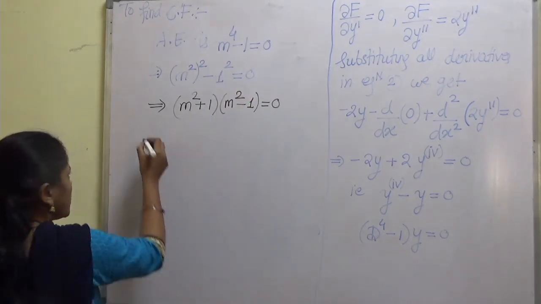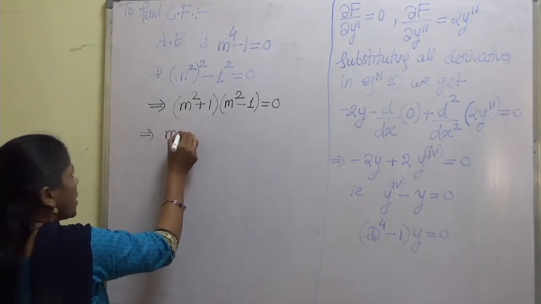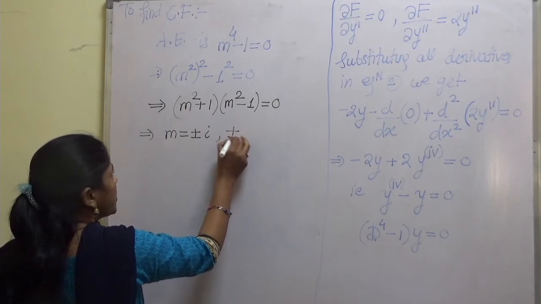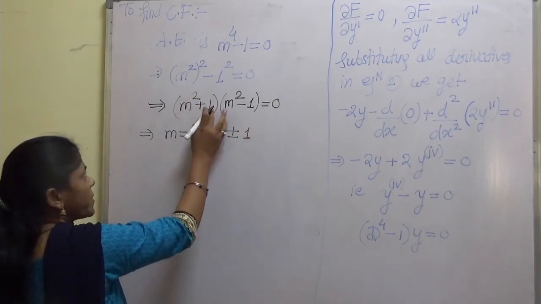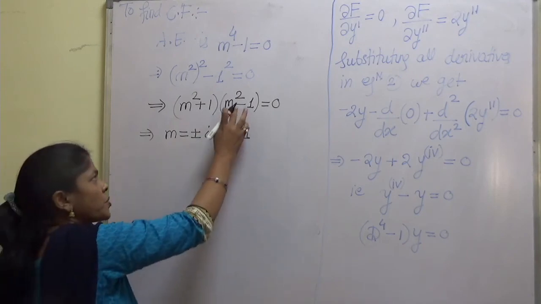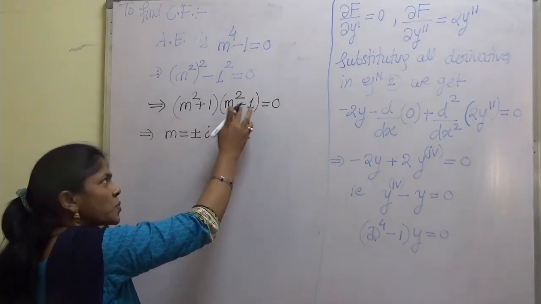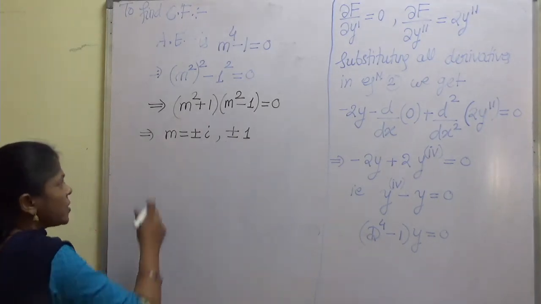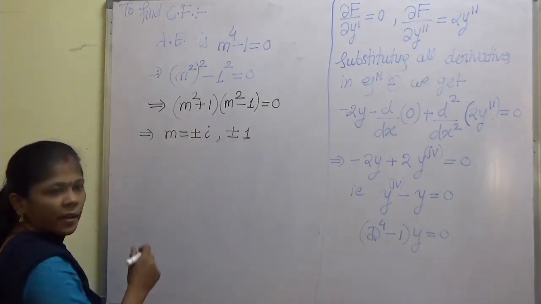Now what does this give? This gives m = ±i and m = ±1, right? m² + 1 equal to 0 gives m = ±i, and m² − 1 equal to 0 gives m² equal to 1, which then gives ±1, right? So these are complex, these are real and distinct.